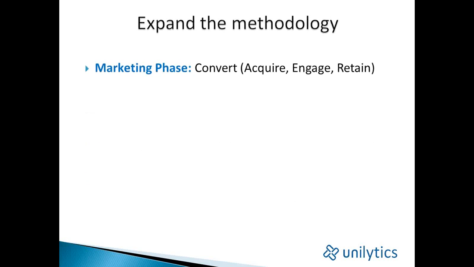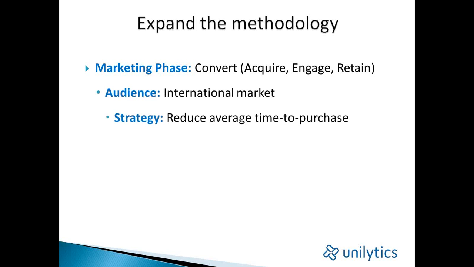So if we expand the methodology for this example, we look at the marketing phase. There are 4. I've put the other 3 in brackets, but we're going to look at convert. The audience we're going to look at for this international company is the international market, not the domestic. The strategy was to reduce the average time to purchase, and the tactic was to simplify the conversion funnel.